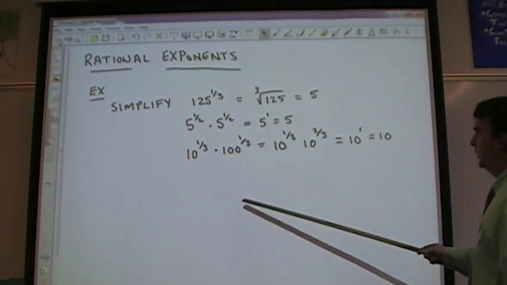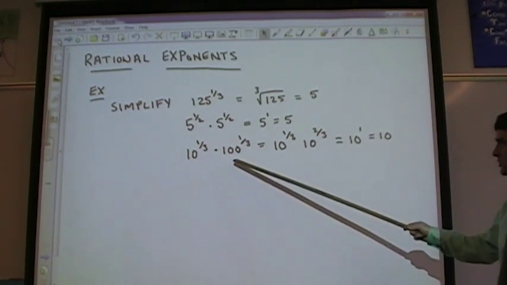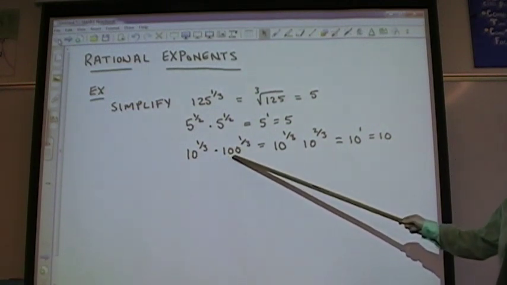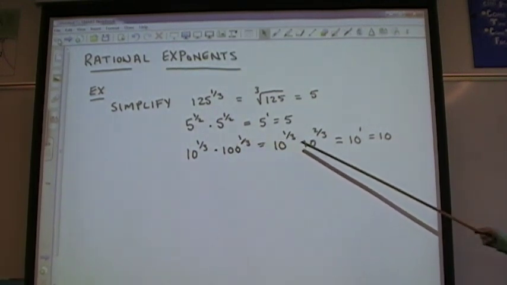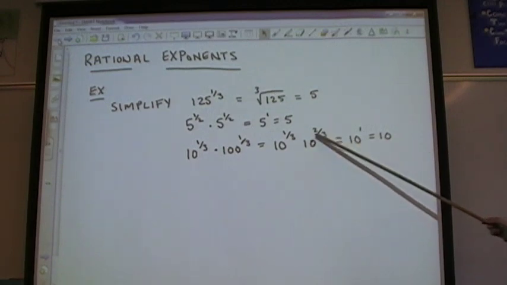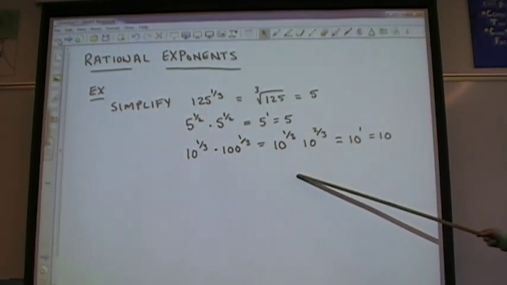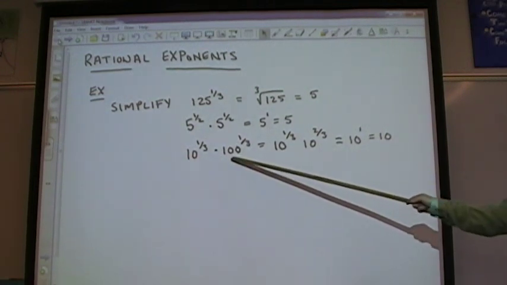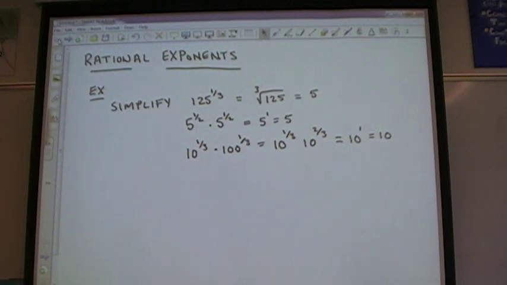Down here, you could do this a couple of ways. The way I did, I changed the 100 to 10 squared. And 10 squared to the 1/3 is 10 to the 2/3. 100 is the same thing as 10 squared, so let me throw that step in there.